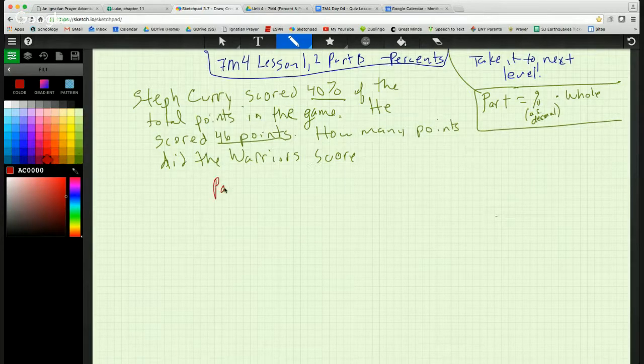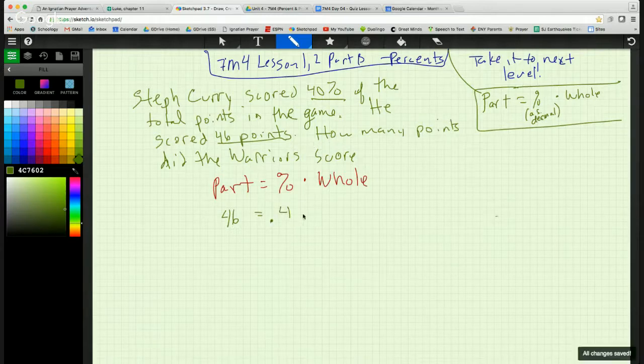So we get part equals percent as a decimal, and I'm going to quit writing as a decimal. We're just going to have to remember that we need to convert that, times the whole. Well, is the whole the Warriors score or Steph Curry's score? Well, think about that. And the answer you should come to is that Steph Curry is just a part of the team. This 46 is just part of the score. It's not the whole score, it's part. And that's 40%, so that's 0.4.